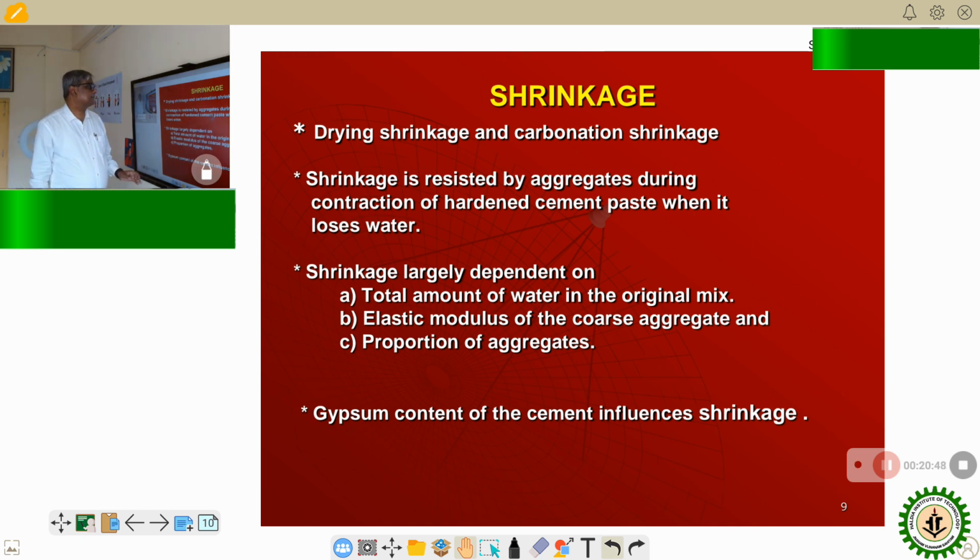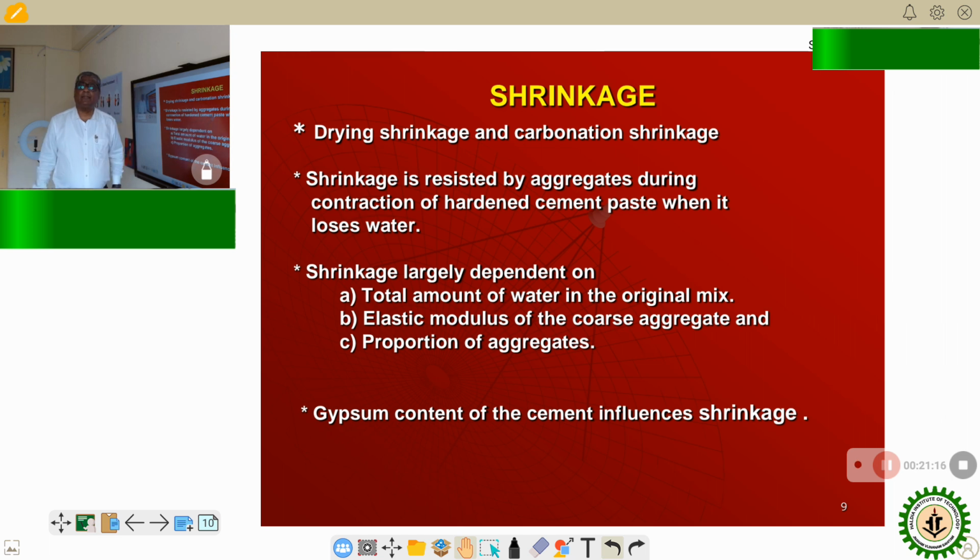Now you see this drying shrinkage and carbonation shrinkage. The carbonation shrinkage even takes place after a long time. It may continue for a long time. In industrial belts where a lot of gases are coming out and carbon dioxide is present, in many situations you will find that there will be shrinkage due to carbonation.